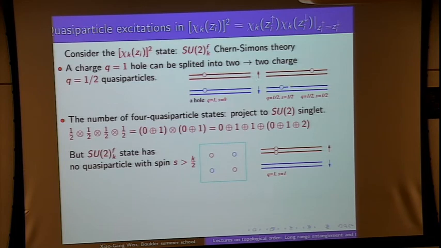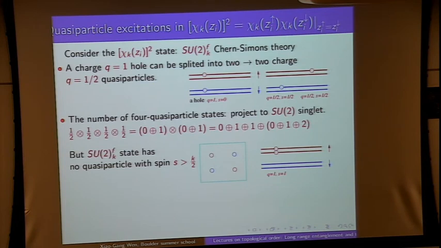Roughly speaking, this is like a spin 1/2 and this is like a spin 1/2, but spin is hard to describe here. But let me say the charge is 1/2. This is for sure. We have two charge 1/2 particles, and these are fractionalized particles. This is a hole, just a hole. It's not fractionalized, and these are fractionalized. So that is one way, and this particle is supposed to have non-abelian statistics.